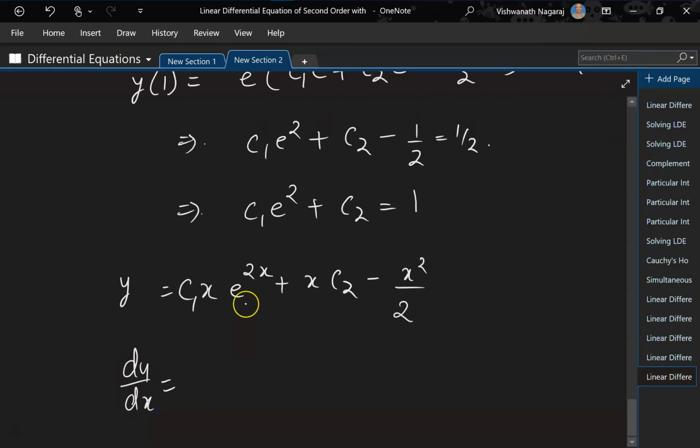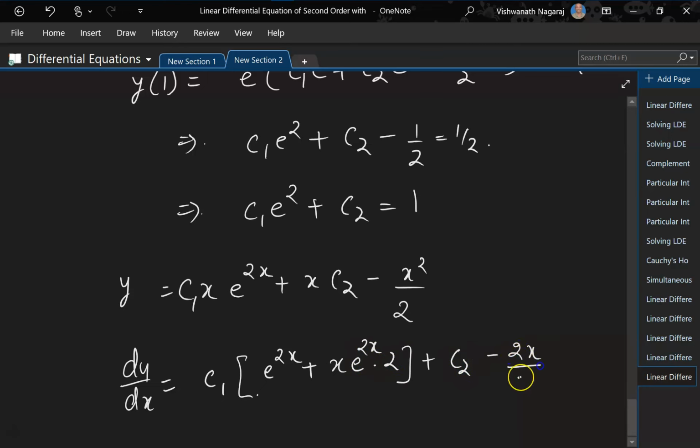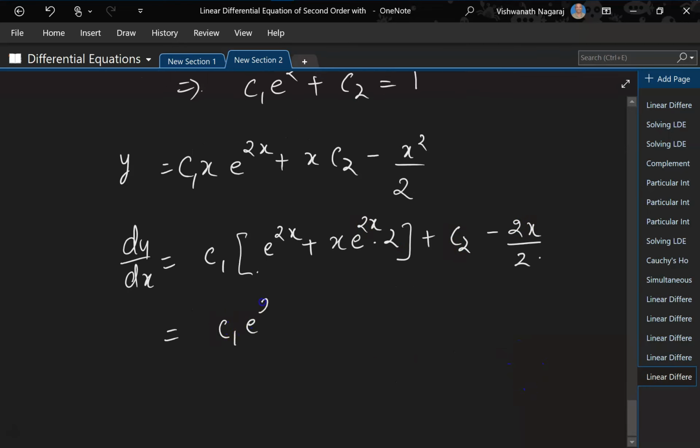Okay, so now let's figure out dy by dx. Let's take it one by one. Again we'll have to apply the product rule. So c1 is common, x differentiated would be 1, so e to the power of 2x, plus x as it is, e to the power of 2x times 2, plus c2 minus 2x by 2. So this would be c1 e to the power of 2x plus c1 x e to the power of 2x times 2, plus c2 minus x, as the 2 and 2 cancel out.